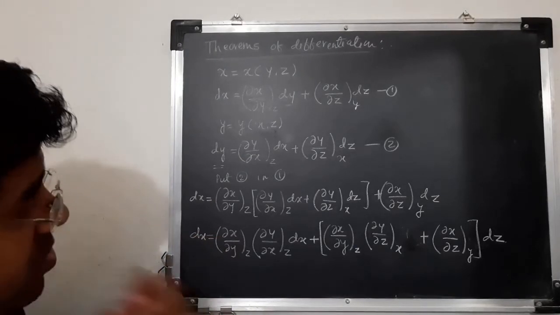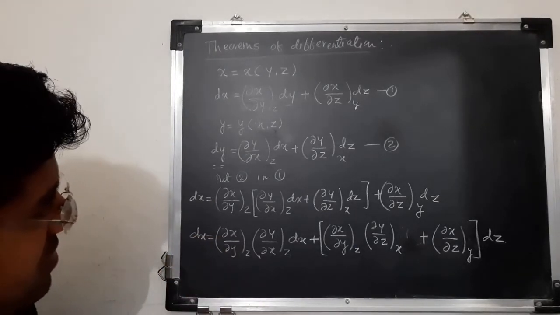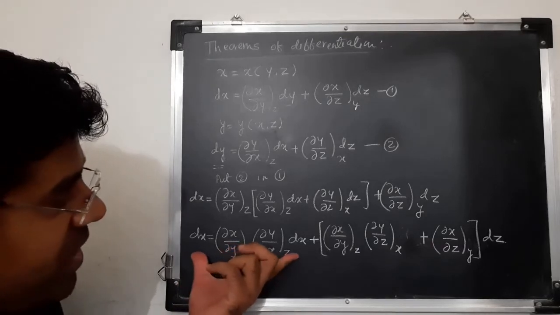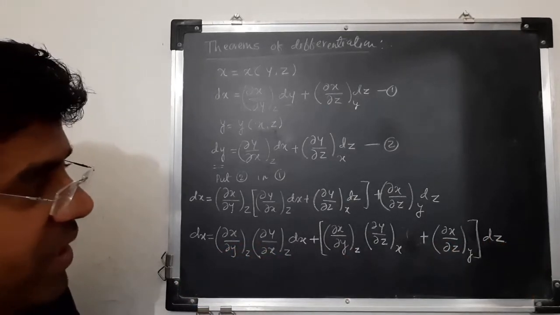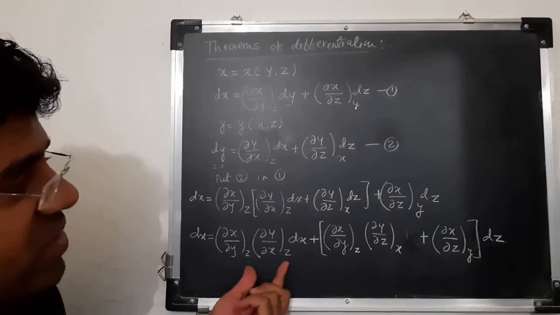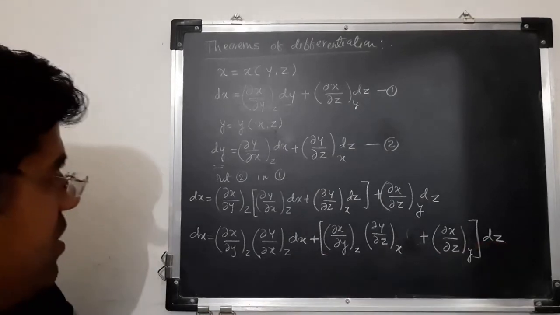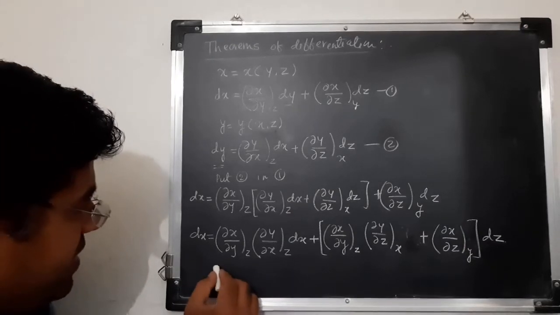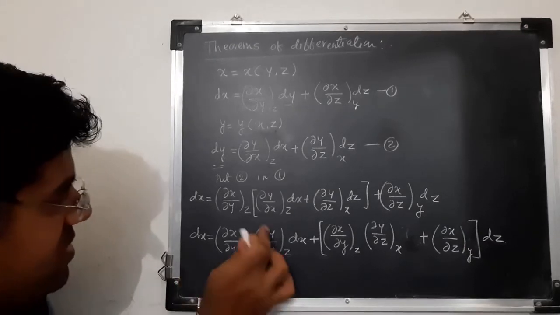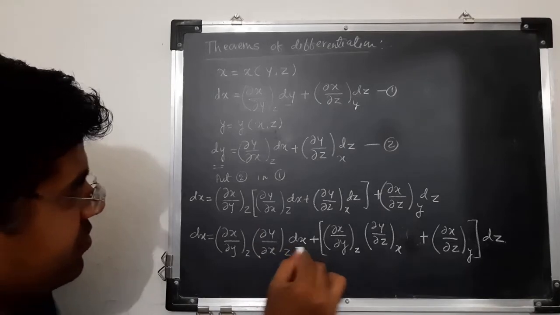So I will compare both the sides. For the dx term, I will consider dz is 0. So z is constant means dz equals 0. Comparing both the sides, I will compare the dx term.